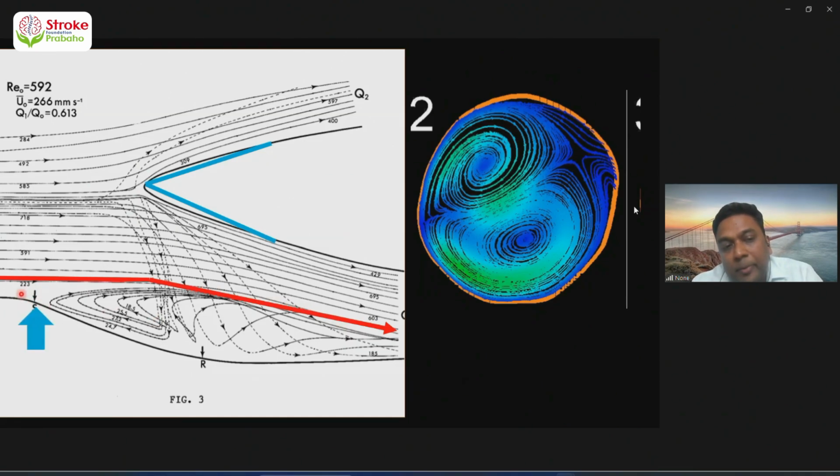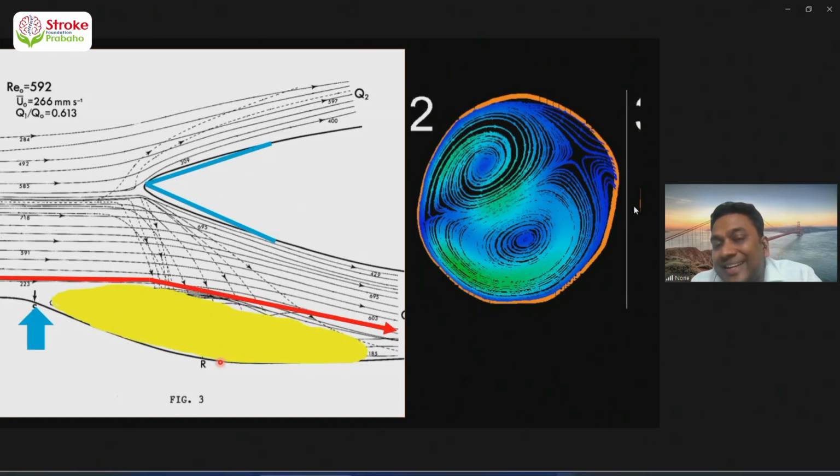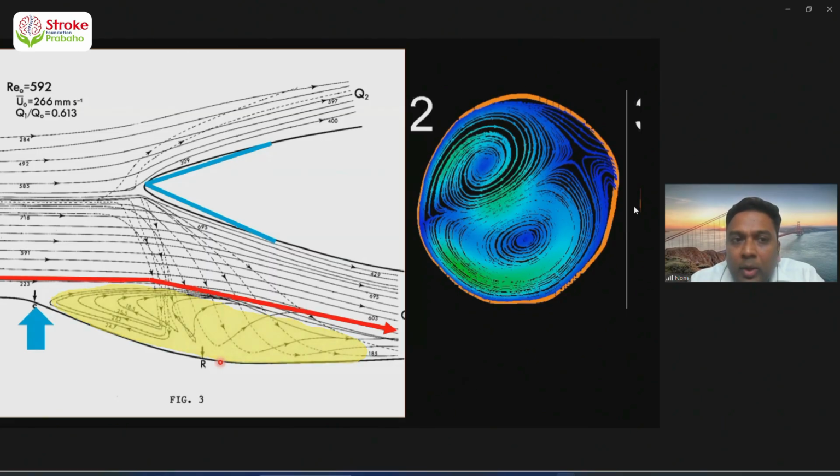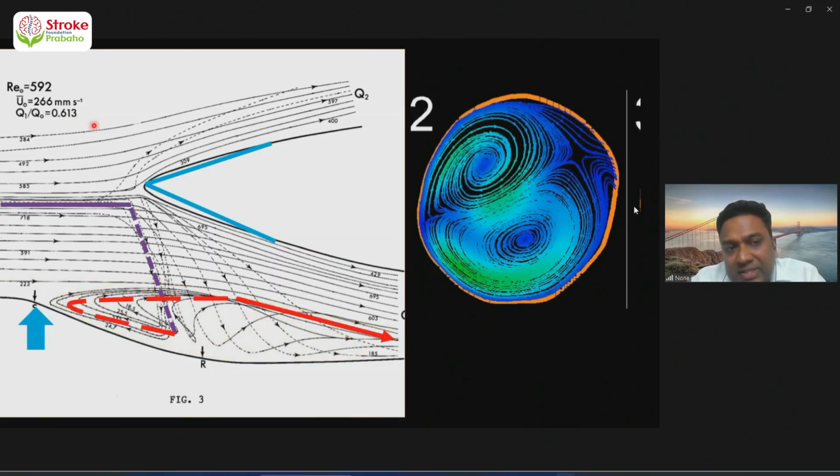That means beyond this point, there's no contact between this jet and the wall of the internal carotid artery. So it creates what is called a dead space here. So the blood from somewhere else has to come into this dead space, and the jet that hits the flow divider, that's a very high velocity jet. We know the flow in the arteries is streamlined.